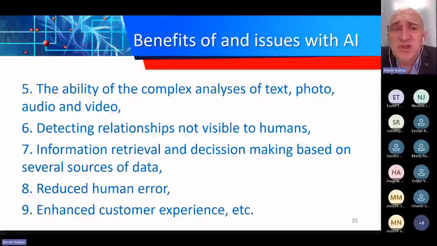AI systems generally are able to detect some relationships in data that we as humans could not predict.